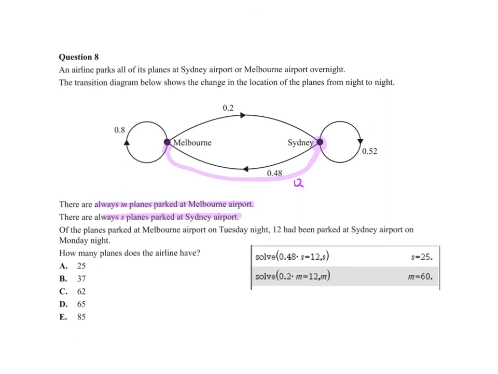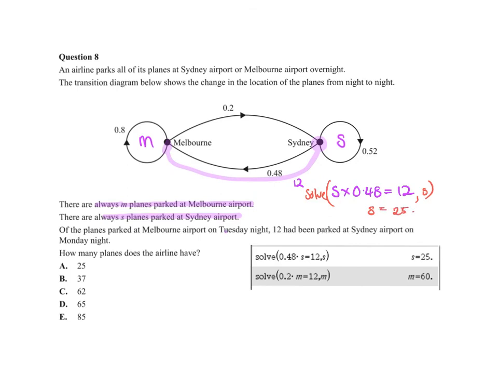So if I call Sydney S, what I know here is S times 0.48 equals 12. Okay, so you can solve that in your calculator if you like, and you get that S equals 25.